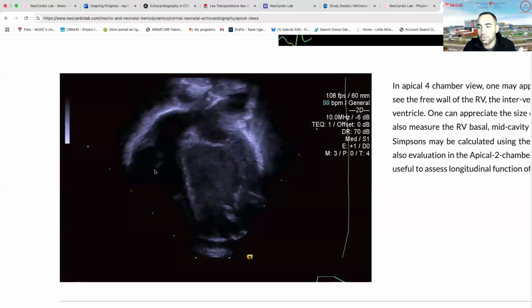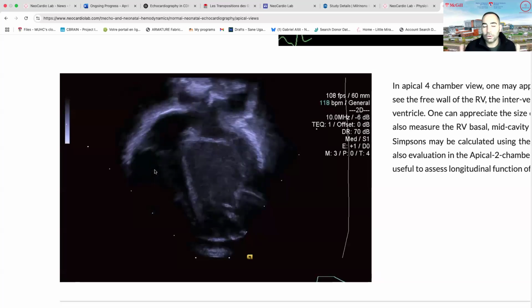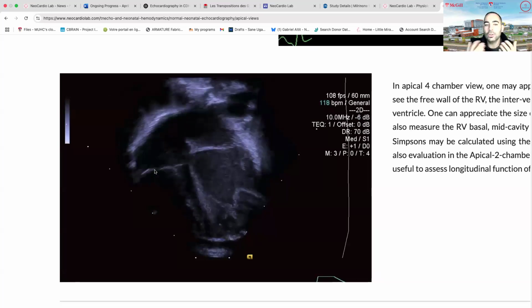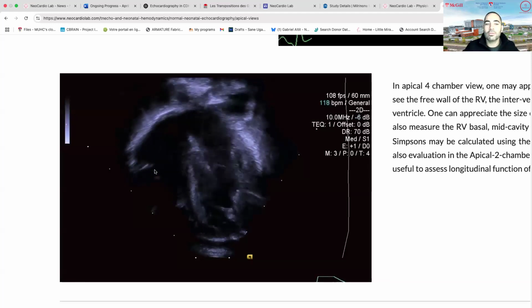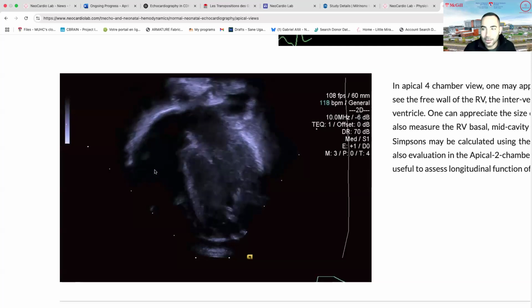We call this an atrioventricular valve. And this atrioventricular valve may have various configurations of different leaflets that are used by the surgeon to eventually septate and recreate a left and a right atrioventricular valve. But in the AV canal, this atrioventricular valve is on the same plane.